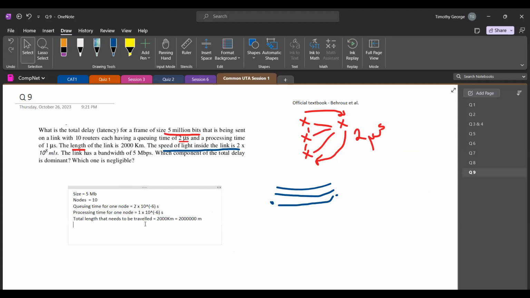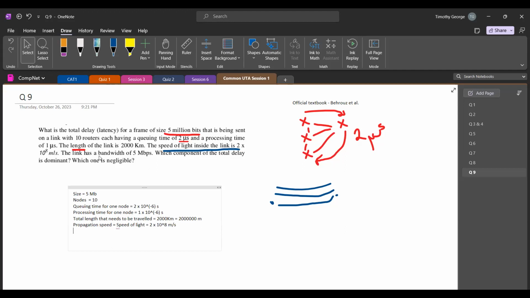It's not really the speed of light, it's the propagation speed, which in this question is 2 x 10 raised to 8 meters per second.